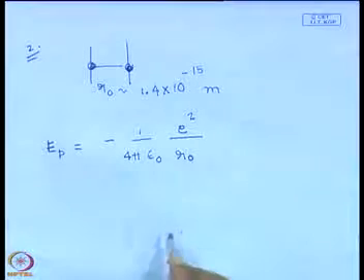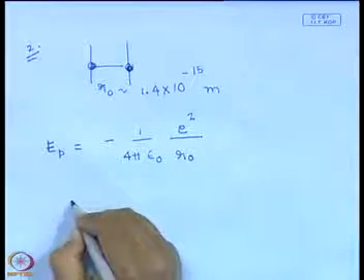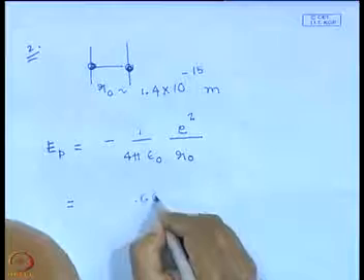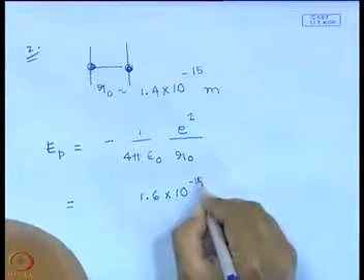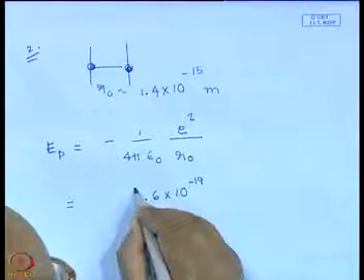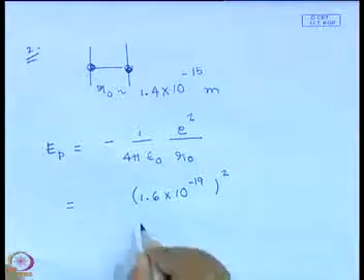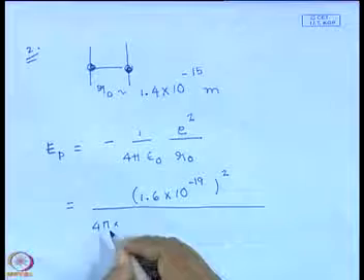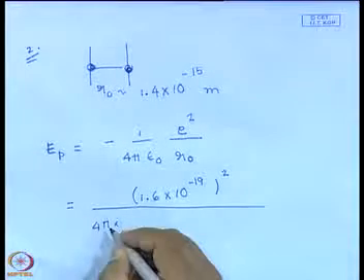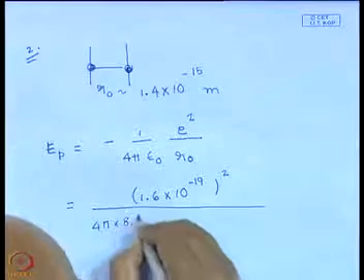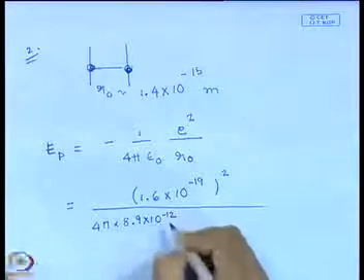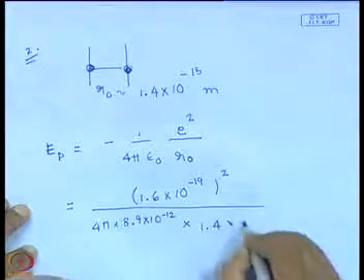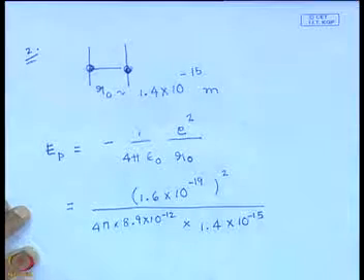So, here again let us put in the values: 1.6 into 10 to the power minus 19, that is the charge of the proton, squared, in SI units, so that will be in coulombs, divided by 4 pi into epsilon naught, which has a value 8.9 into 10 to the power minus 12, into the distance, which is 1.4 into 10 to the power minus 15, all in SI units.